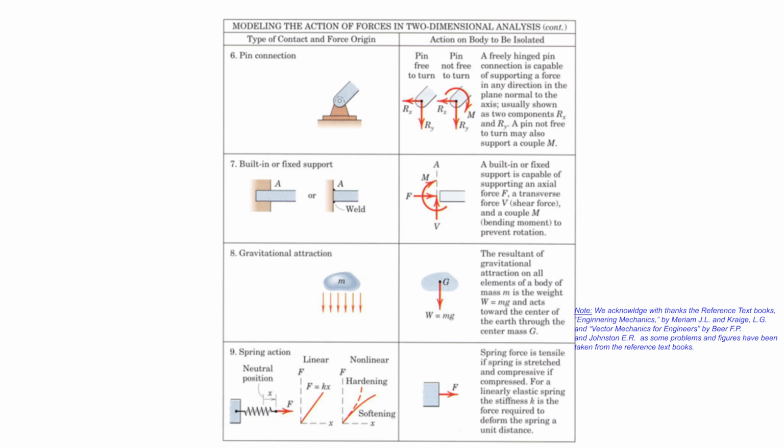Similarly, there's gravitation. This is an interaction between the body and the earth. If you want to isolate the body, you have to show this interaction by a weight. Because if you are removing the earth and writing down the free body diagram of the body, then it's replaced by a simple weight equal to mg.